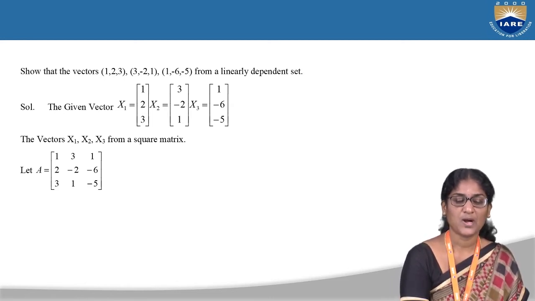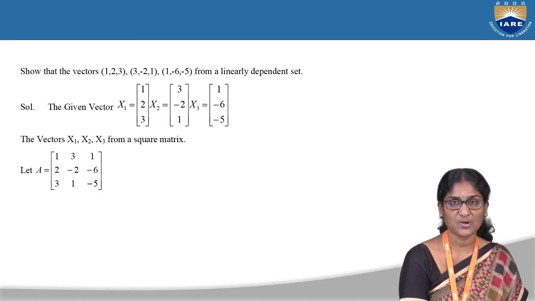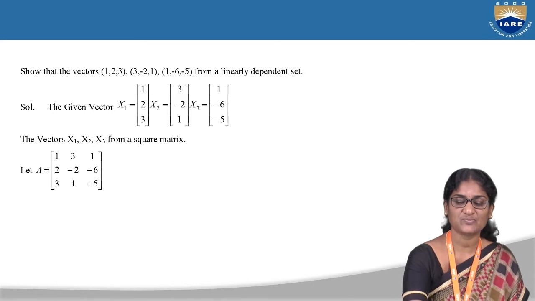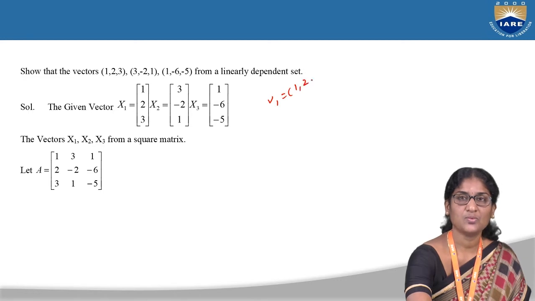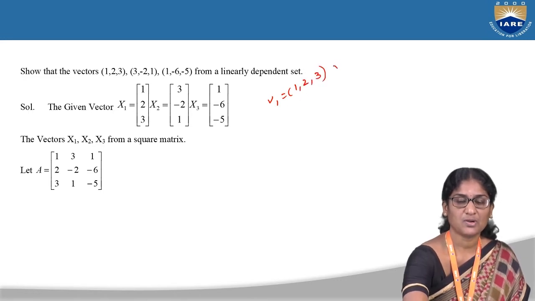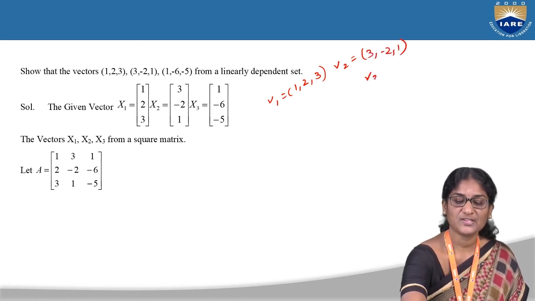Now we'll go for another example. Show whether the vectors (1, 2, 3), (3, minus 2, 1) and (1, minus 6, minus 5) form a linearly dependent set or not. First we have to convert the given vectors into matrix form. Let v1 be (1, 2, 3), v2 be (3, minus 2, 1), and v3 be (1, minus 6, minus 5).